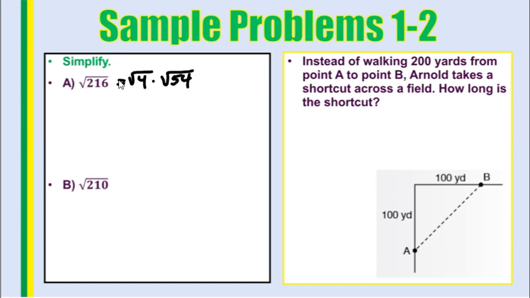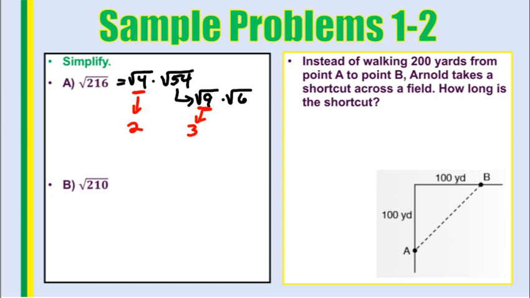The square root of 54 is pretty big, so I want to break that down. That could be the square root of 9 times the square root of 6, because I know that 9 times 6 gives me 54. Here I know that the square root of 4 is a perfect square. That equals 2. I know the square root of 9 is a perfect square.